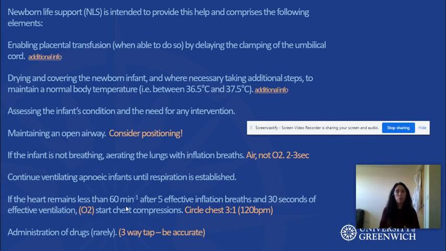So for a newborn, what we're planning to do is encircle the chest and the back. So what that means is you're putting your hands around the baby. This is where you're going to compress like that. You're squishing in together. So your thumbs are on the chest between the nipples. Your fingers are on the back. You're squishing like that when you're compressing.